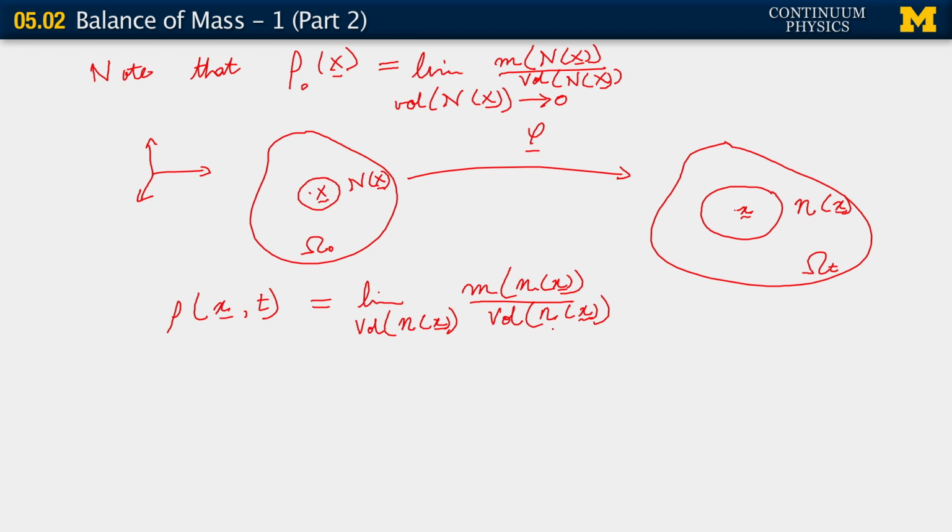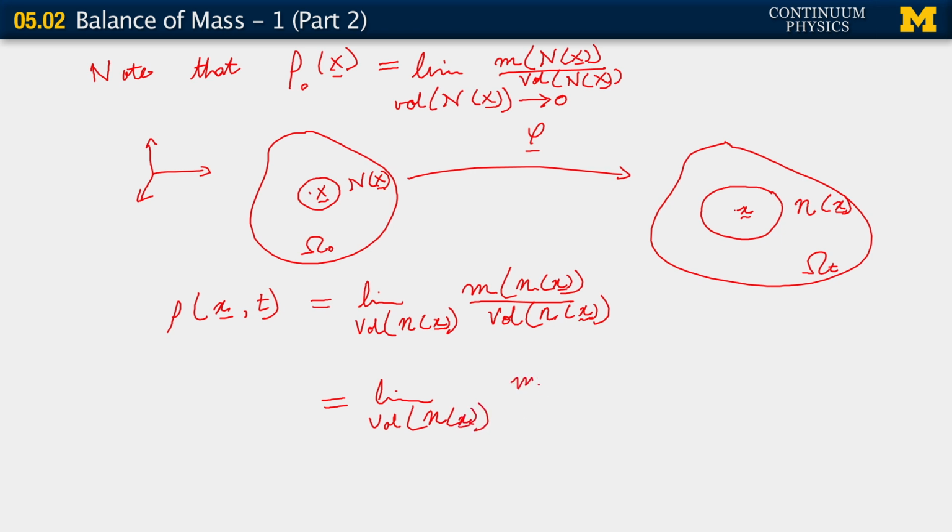Now the mass of the two neighborhoods remains the same. That's what we're thinking of. We're thinking about the same set of particles going from capital N to little n. It's the same neighborhood whose deformation we're following. So the mass remains the same. So this is then the limit as the volume of n little x goes to 0.